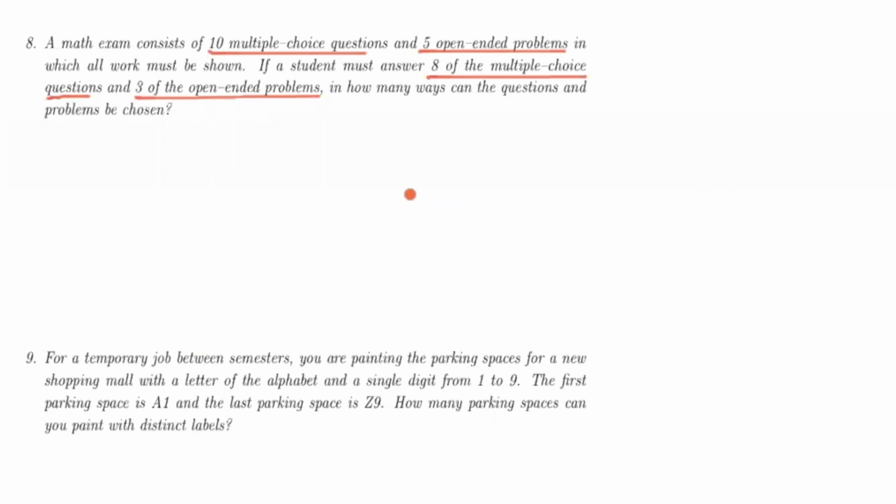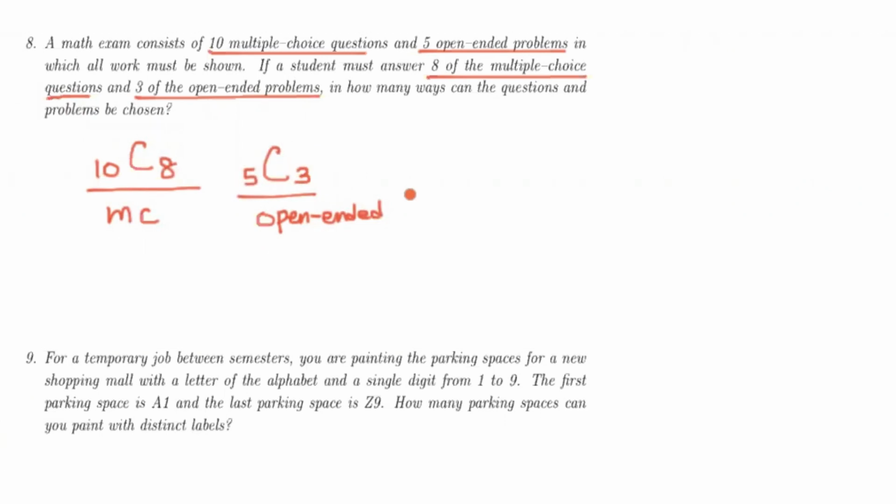All right, so we have multiple choice questions, and here's open-ended, and order does not matter. We choose 8 of 10. We choose 3 of 5. Order does not matter. We don't answer the same thing twice, right?